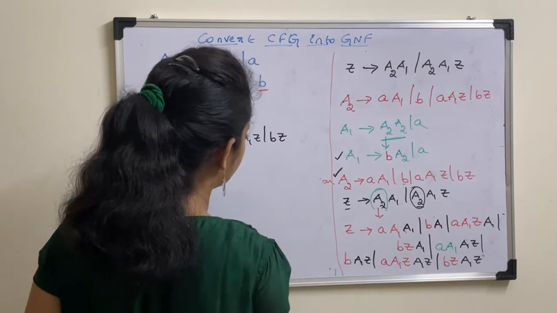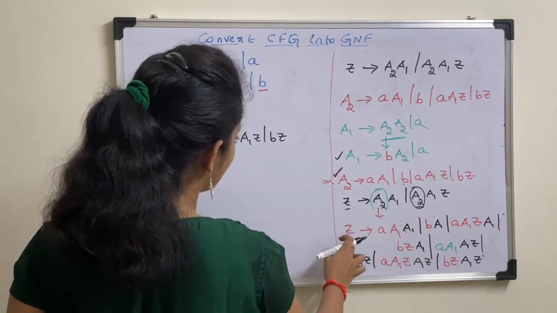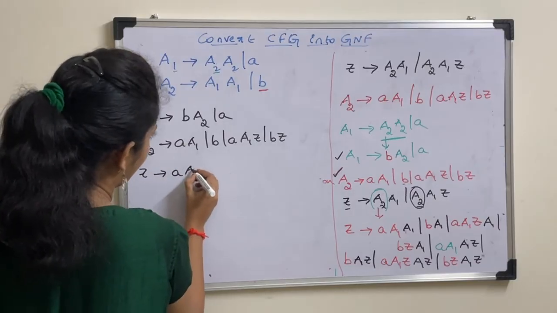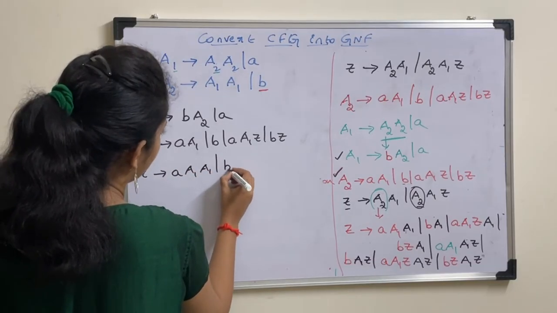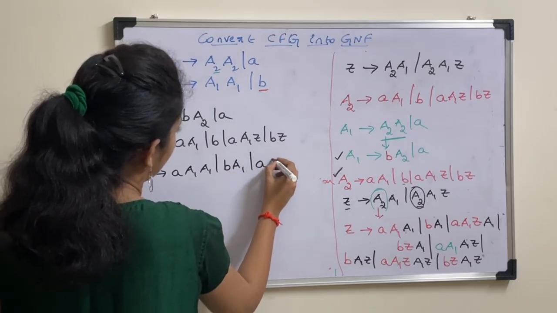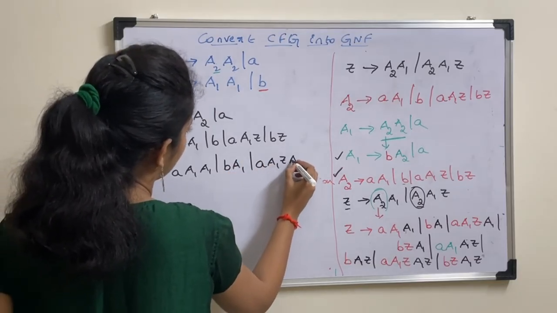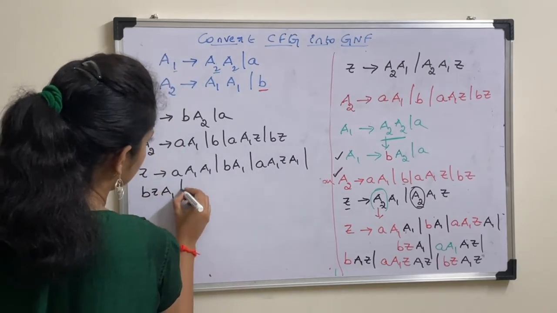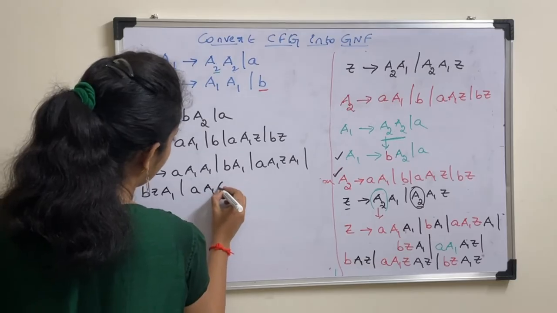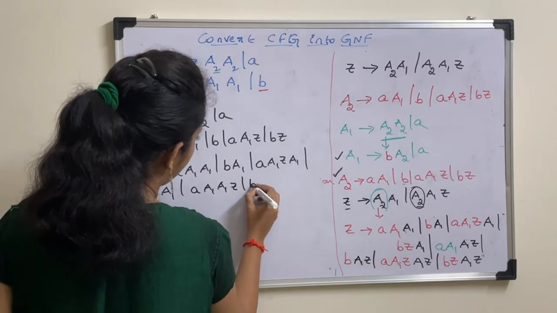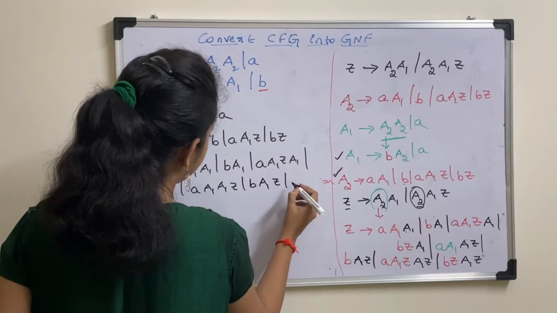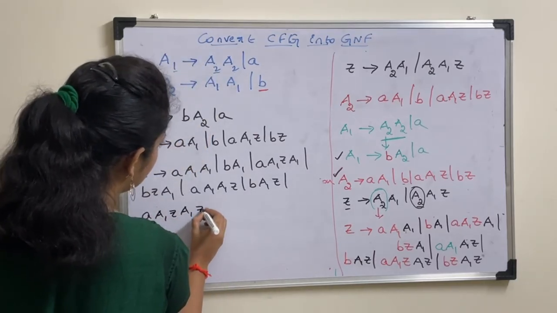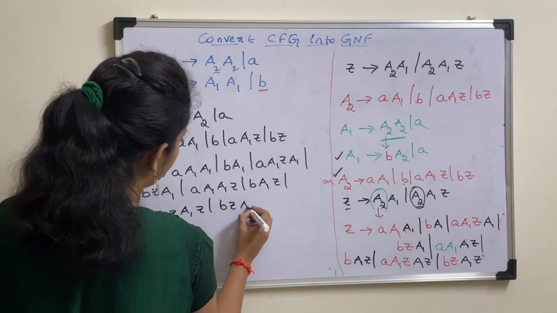This one is also over. Then Z productions. Z derives A1, A1, B A1, A1Z A1, BZ A1, A1 A1Z, B A1Z, A1Z A1Z, BZ A1Z.